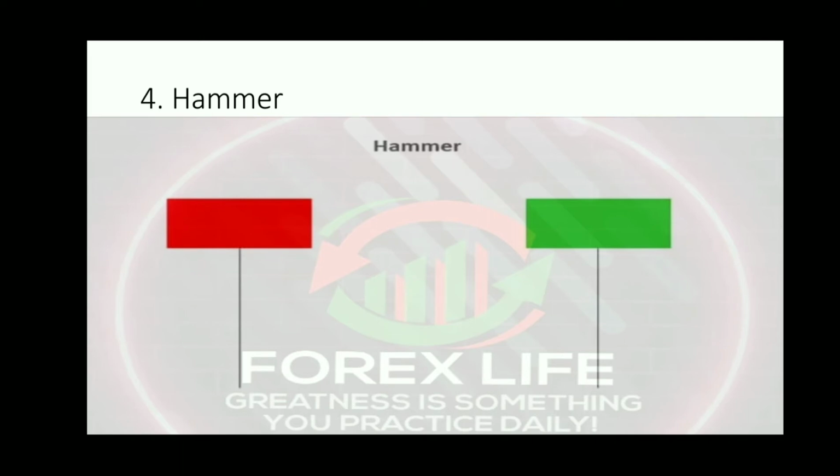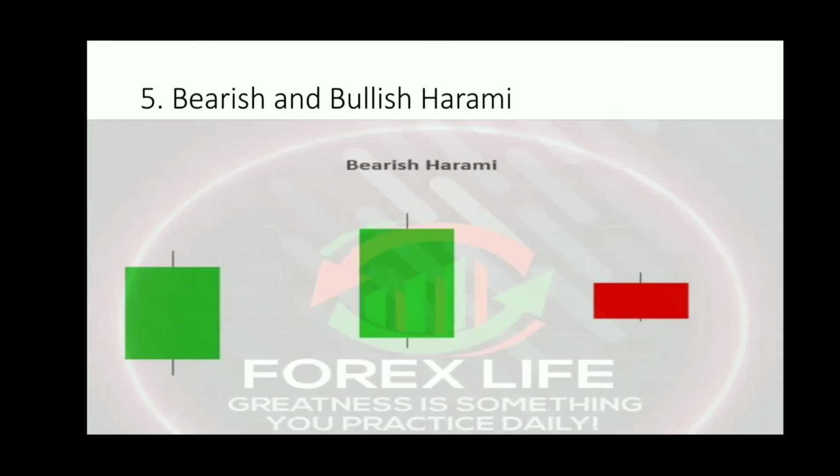Okay, next we're going to move over to number 5, which is the bearish and the bullish Harami. Now a bullish or bearish Harami pattern also indicates reversal. If you have a look, you can see that the second candle in the pattern must be contained within the body of the first candle.